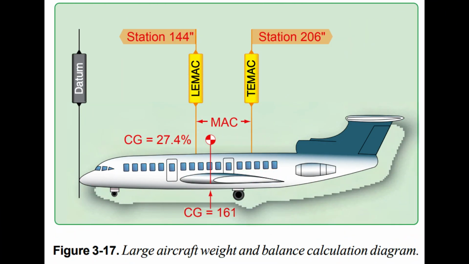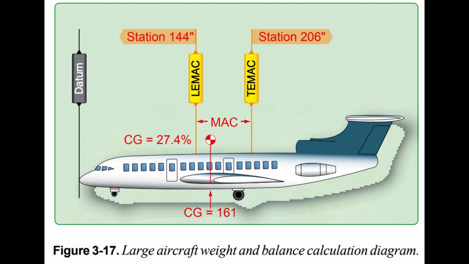The weight and balance data of the airplane in Figure 3.17 states that the MAC is from stations 144 to 206 and the CG is located at station 161. MAC equals TEMAC minus LEMAC. MAC equals 206 inches minus 144 inches. MAC equals 62.